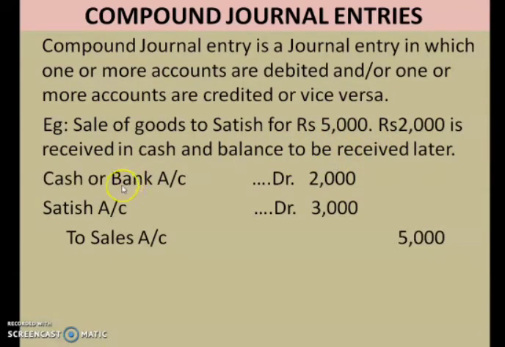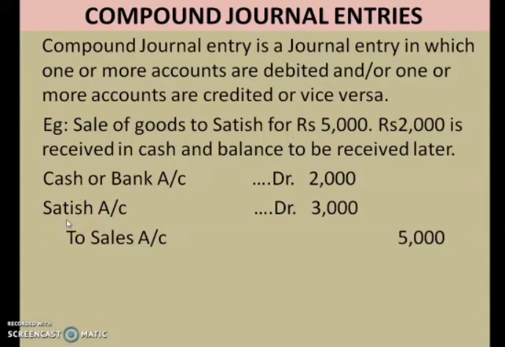For whatever cash we are receiving, our asset is increasing. So as the asset increases, cash will be debited 2,000. And the 3,000 which is pending will be received from Satish on a later date, so for that amount our debtor is also increasing.